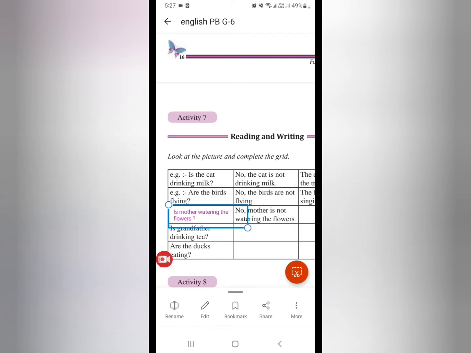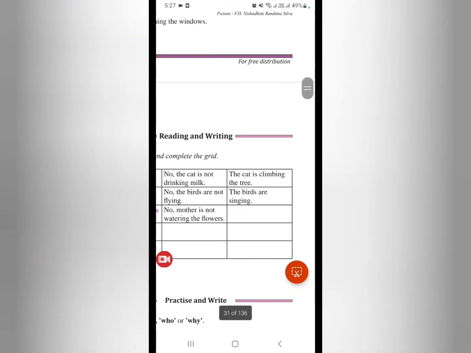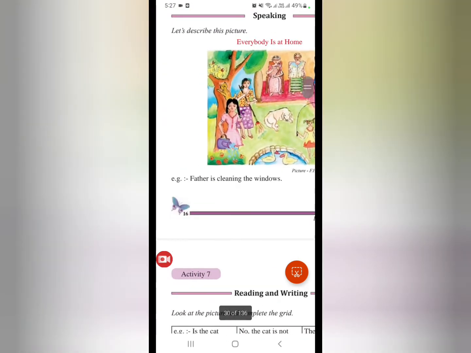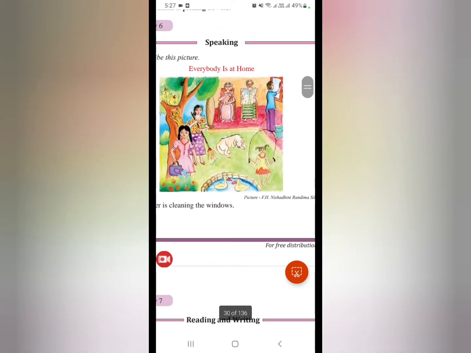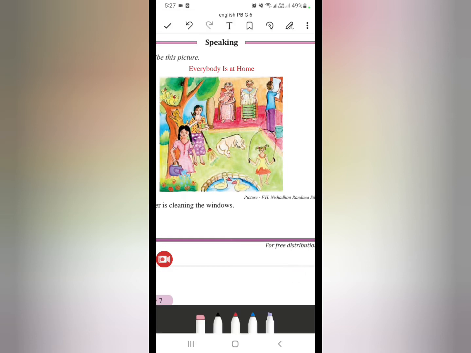Okay. Now they have given the answer. By keeping that, I have created the question. Now we should write the exact work she is doing. Now we'll see what she is doing. Now this is grandmother, and this is grandfather, and this is the father, and this is the small sister and this is the elder sister.